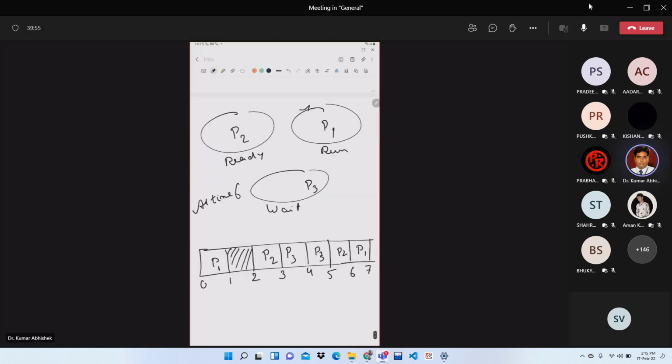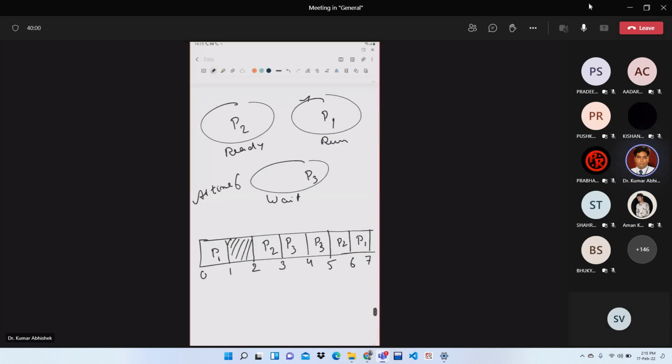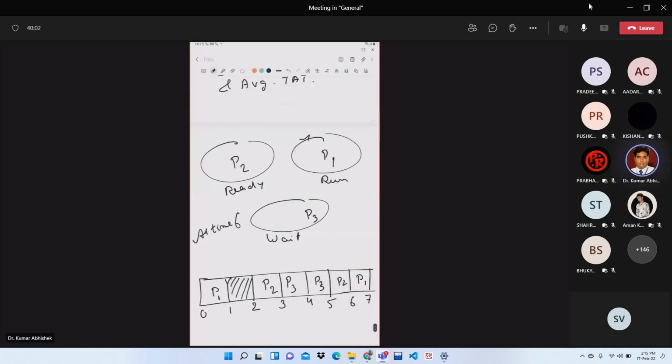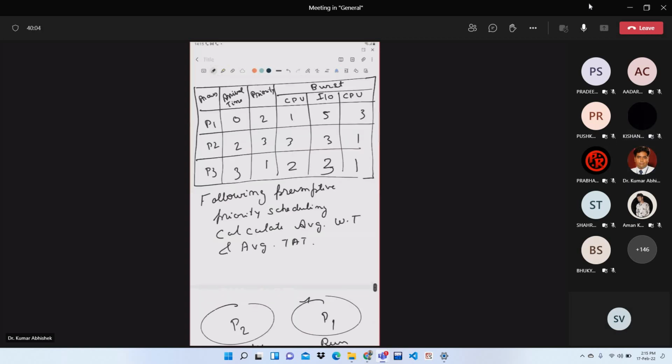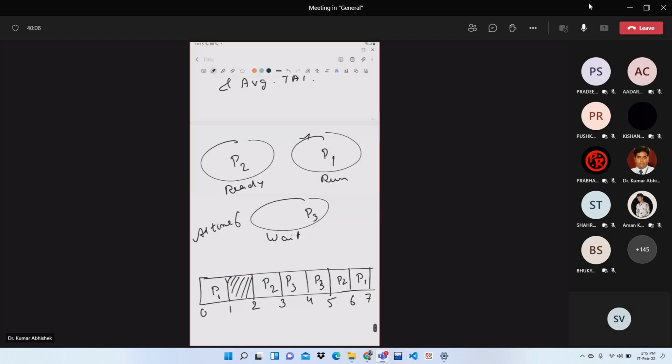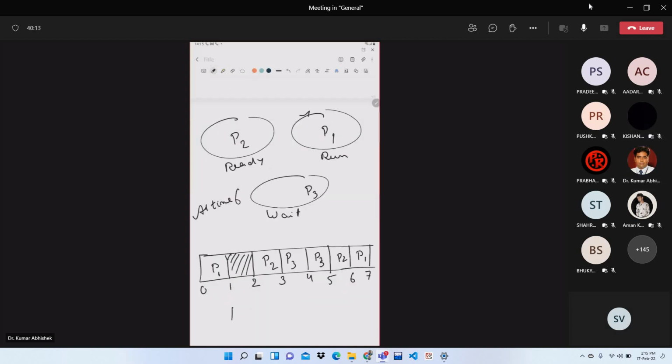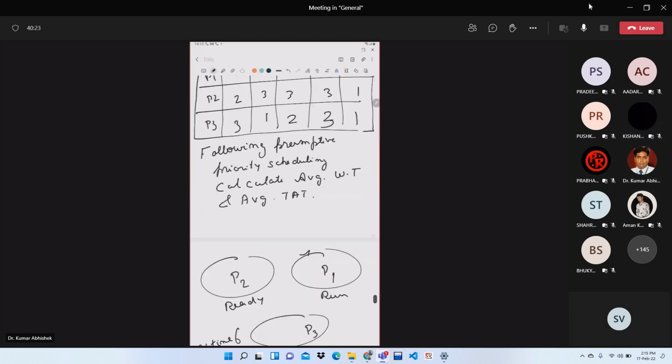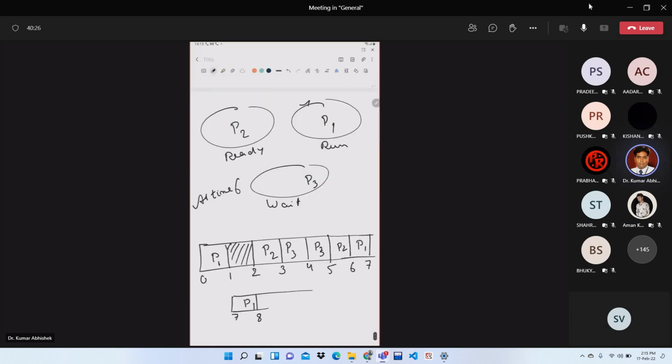P3 is in wait state again. At time 7, what will be the position of P3? Wait state, P2 in ready state, and P1. So the competition is only between P1 and P2. So who will win? P1 will win and it will run from 7 to 8.